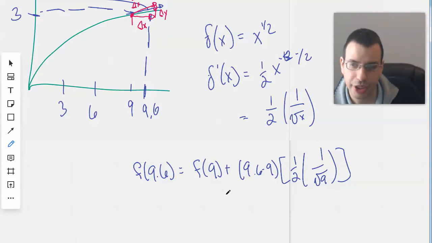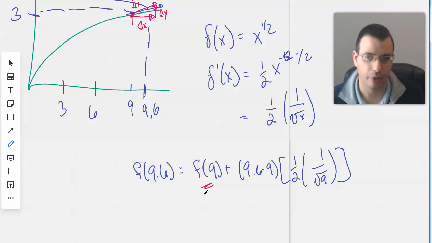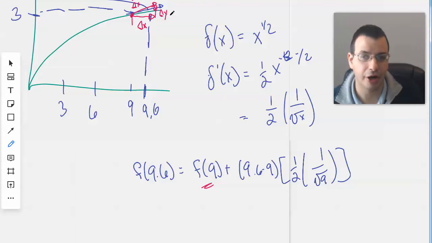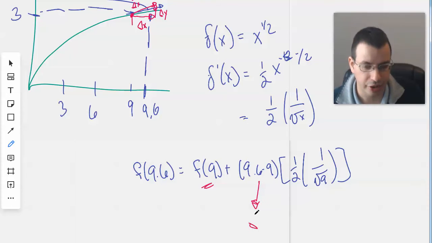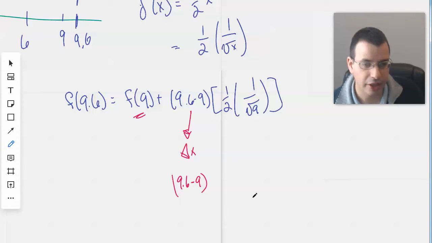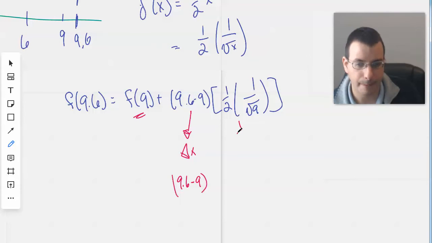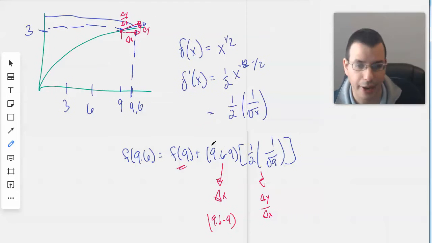So what we're doing here is, we have our f of 9, which is the value of y, and we want to find out how far up we have to go for the delta y. So this right here, that's delta x, because it's our x value of 9.6 minus our value of 9. And then we're multiplying this by our dy dx, which is our derivative at 9.